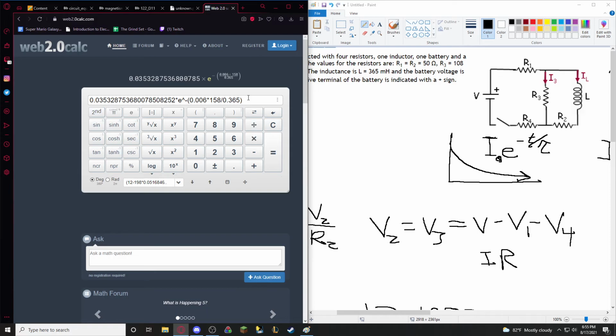And we get a current through I3. So the current I3 after 6 milliseconds is going to be 2.63 milliamps, 0.00263 amps.